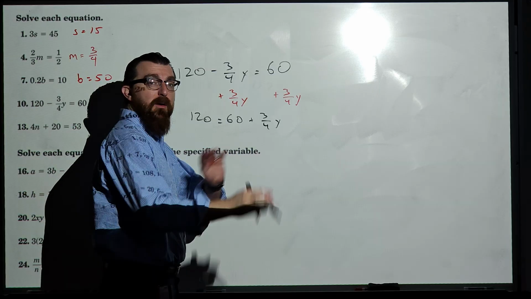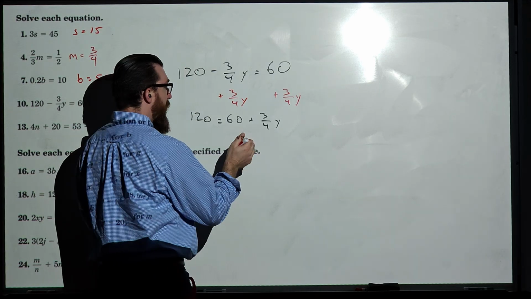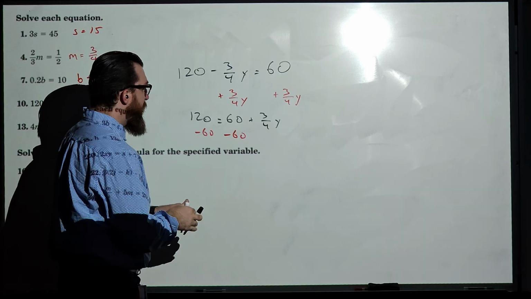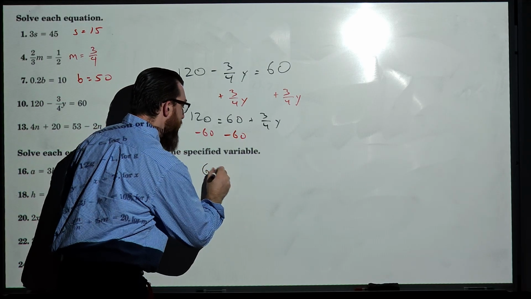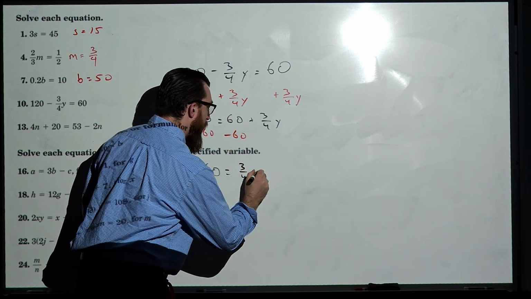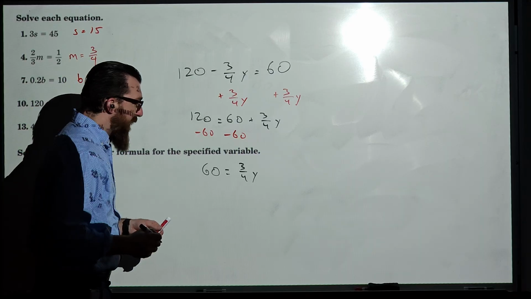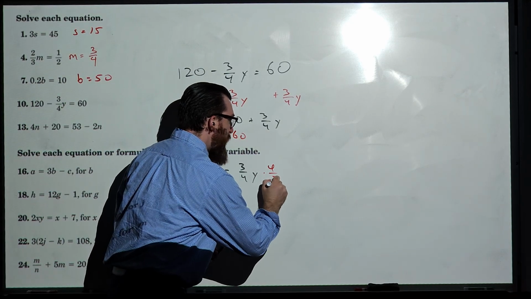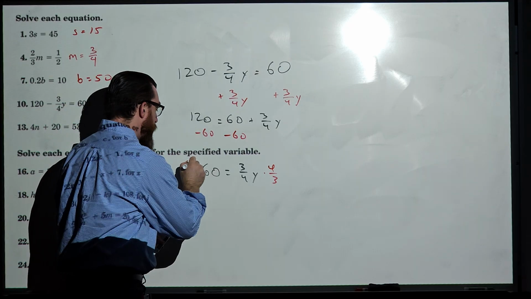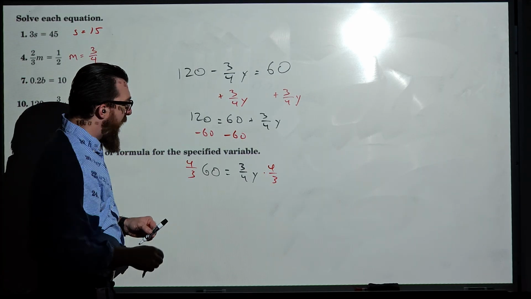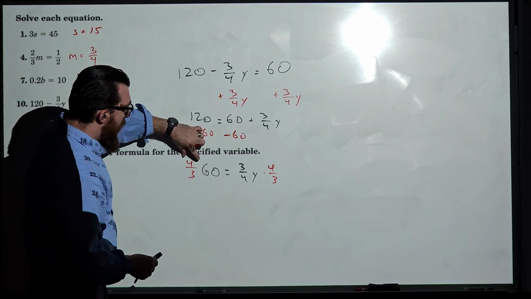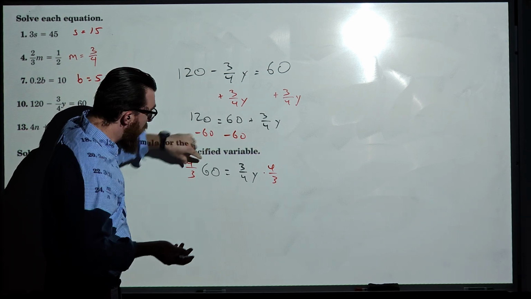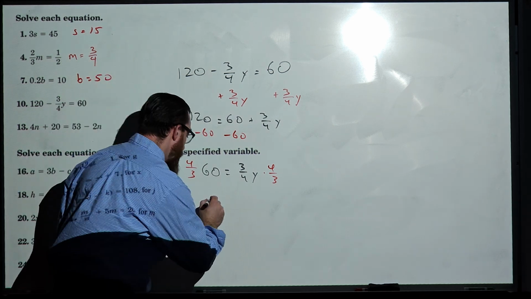Okay, now I can get all the numbers onto the same side, so I'm going to subtract 60 from both sides. 120 minus 60 is 60, and so that's 3/4 y. Okay, so now to get y by itself, I'll multiply both sides by the reciprocal of 3/4, which is 4/3. And so this is going to be 4 times 60 is 240. 240 divided by 3 is 80.